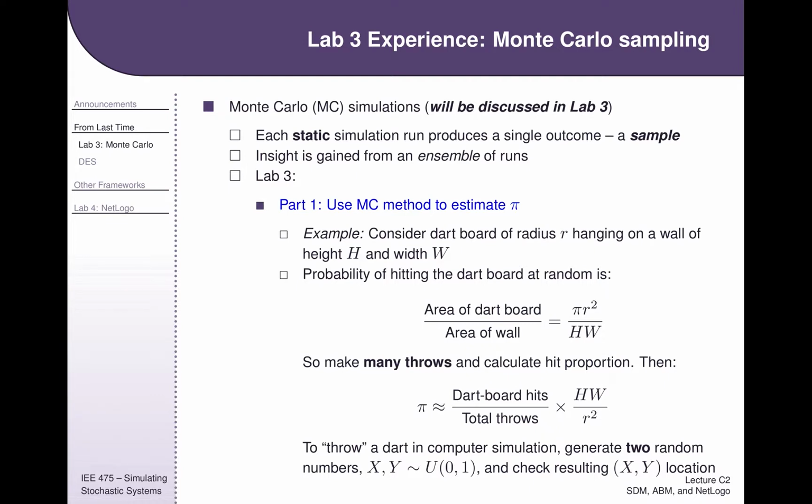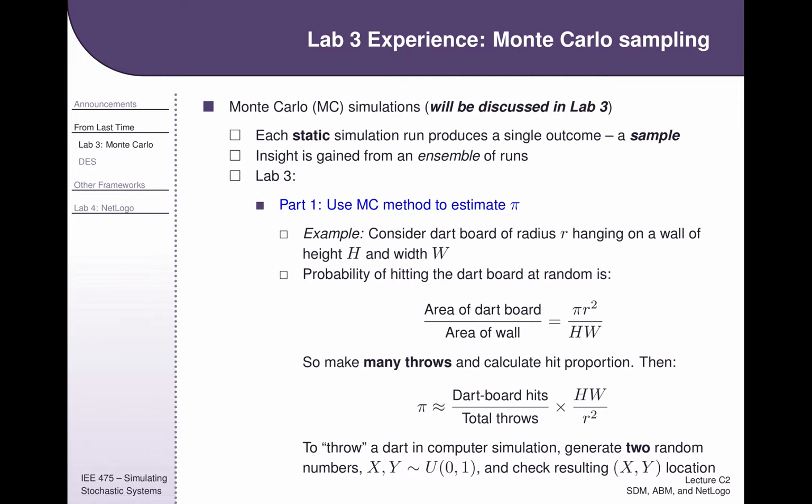Now that might seem a little strange, but the basic idea, this is a slight modification of what you'll do during Lab 3, is imagine if you had a wall which had a certain height h and width w, and you hung a dartboard, a circle, in the middle of the wall somewhere that had a radius r.